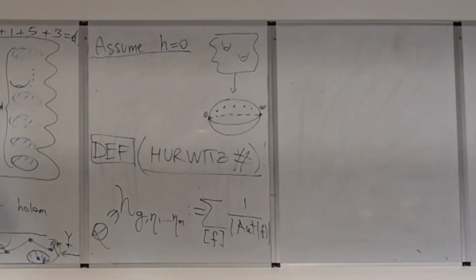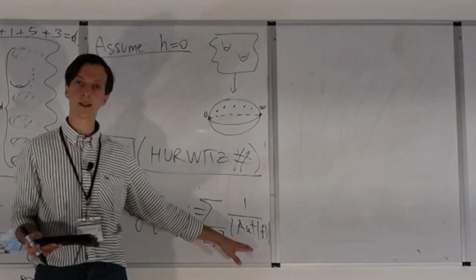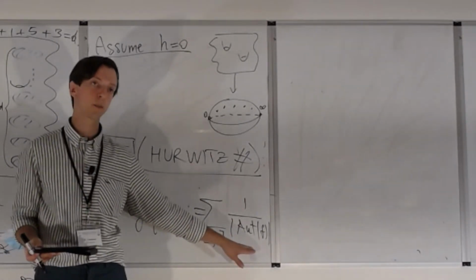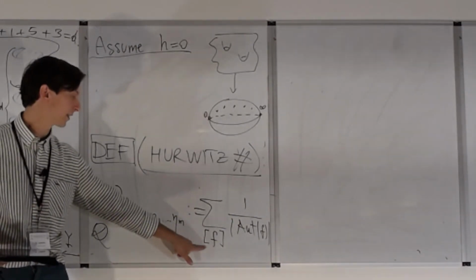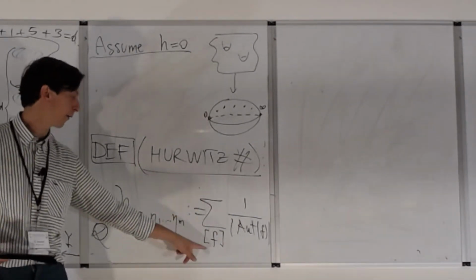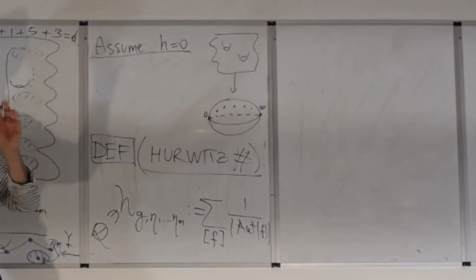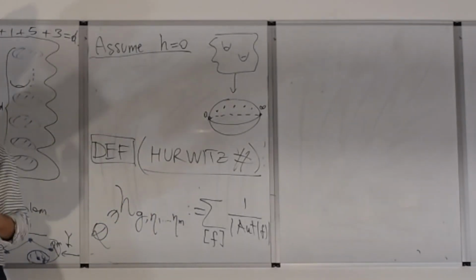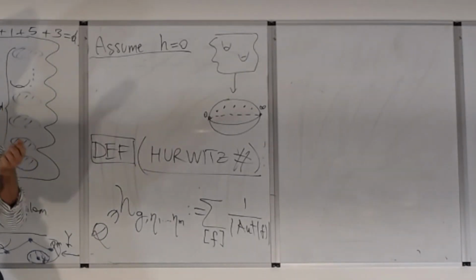But this is, again, more or less obvious because if the Euler characteristic is negative, then you have finitely many automorphisms. And again, this sum over f only depends on the partitions, and for each partition you have to decide how you mix up these sheets that come together, and because there are finitely many sheets, there are only finitely many ways to mix them up.